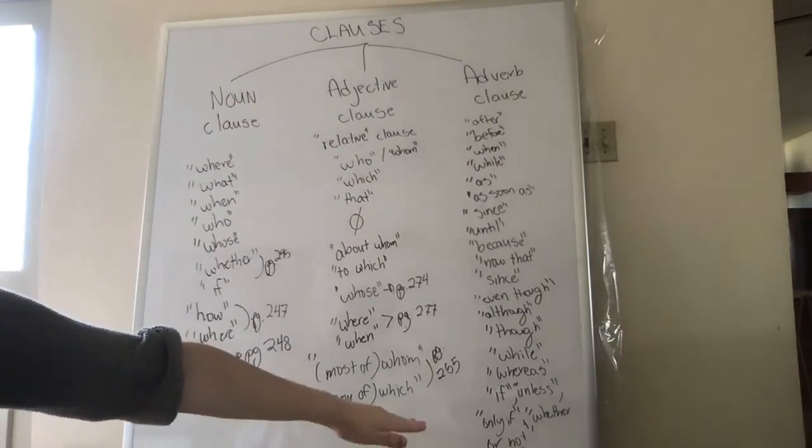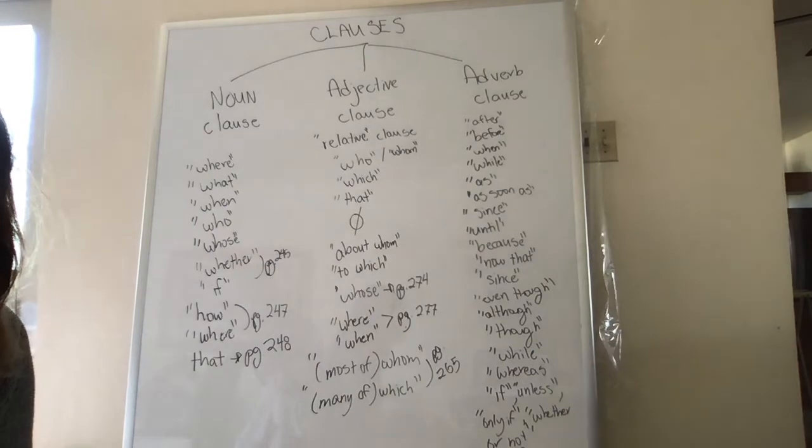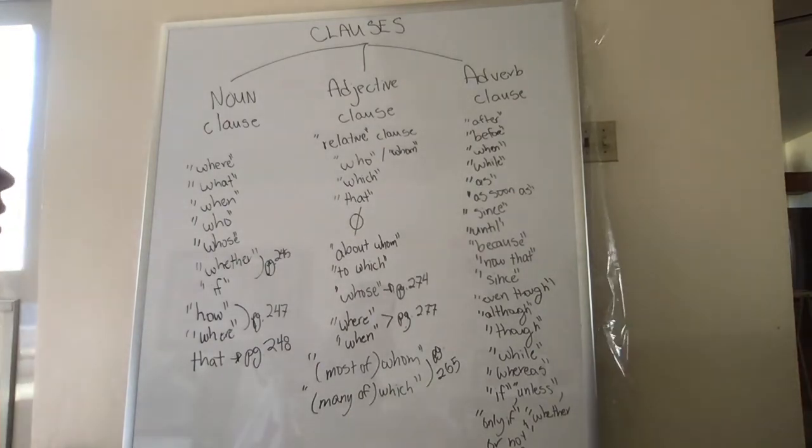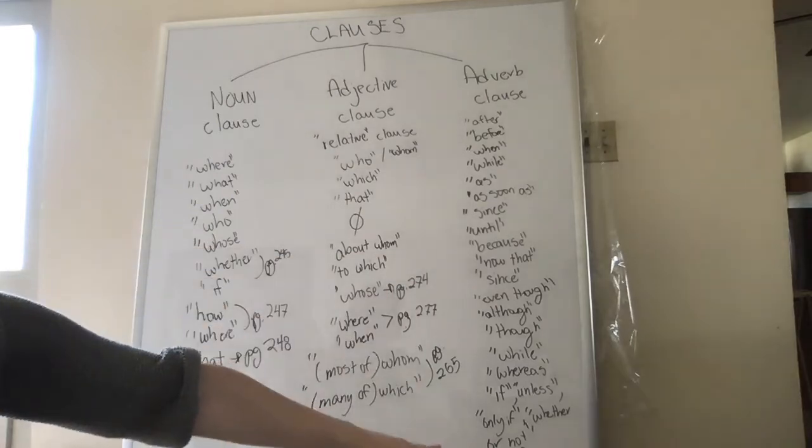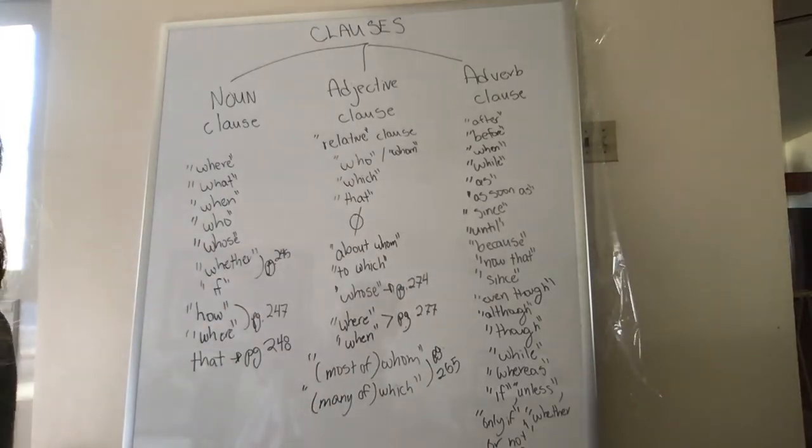In the end column, we have adverb clauses. Adverb clauses are different enough in terms of their position and also their packaging. So under adverb clauses, we saw that there's a host of even more terms that we use to introduce an adverb clause.